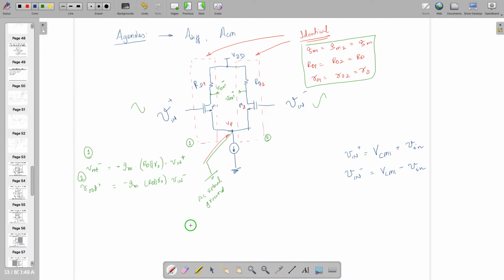Combining both of them, if I take the difference of balance network 1 and balance network 2, I am going to have, whatever way you want to write it down, no problem. Right?